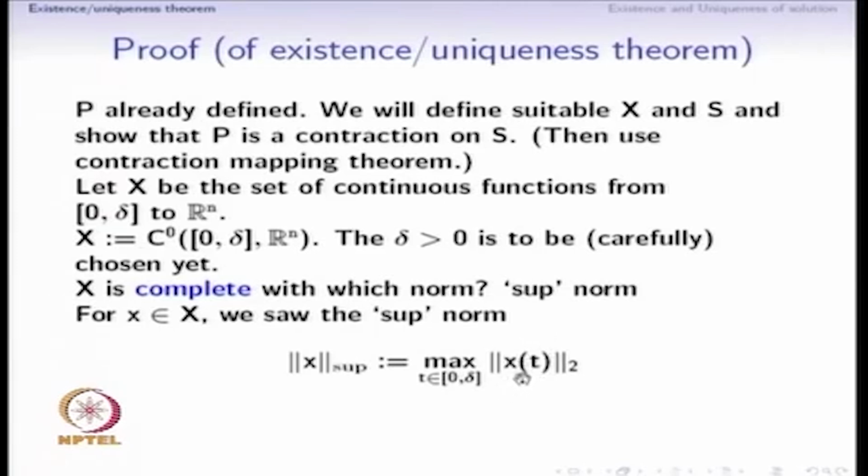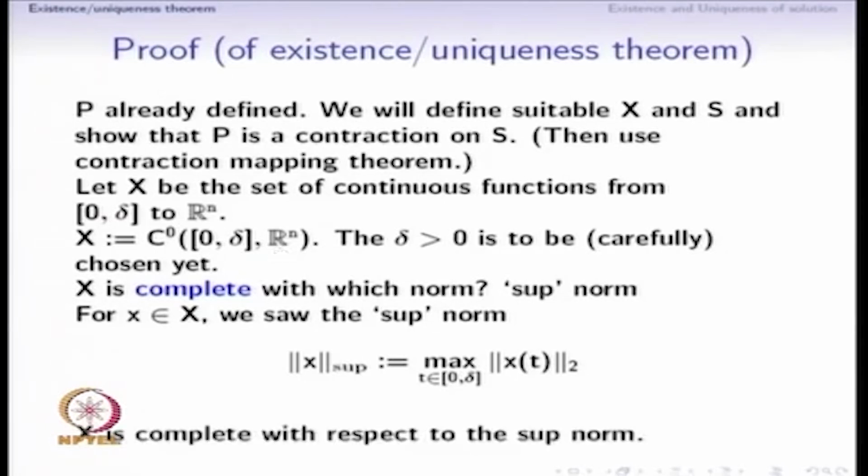At any time t, x of t is a vector in Rn, and we can take the conventional 2 norm, the Euclidean norm. This Euclidean norm is itself a function of time, and we take the maximum of that norm function as t varies from 0 to delta, and that is called the sup norm. It is also called the max norm. We already saw that with respect to this sup norm, this space of continuous functions on this interval to Rn is a complete normed space.